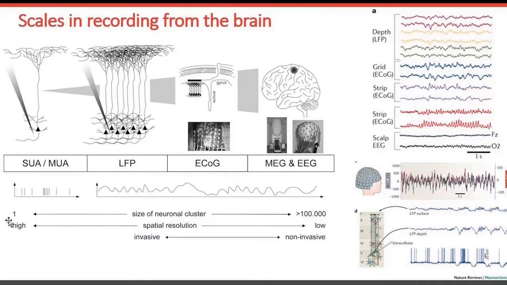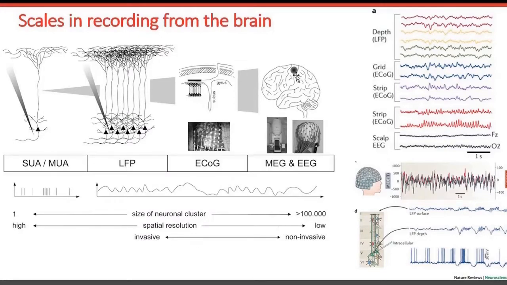in this figure, from single cell, single neuron, to the size of neuronal clusters, brain cells, up to 100,000 neurons. Here we have very high spatial resolution because we can pinpoint exactly which neurons are firing, where in the brain, by analyzing the data.